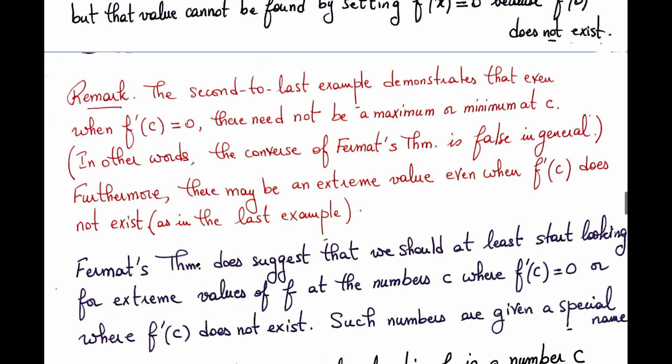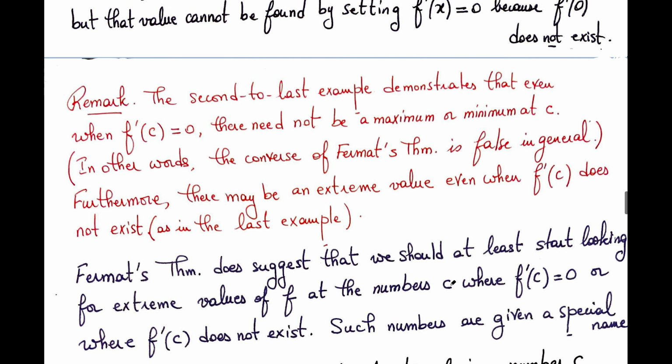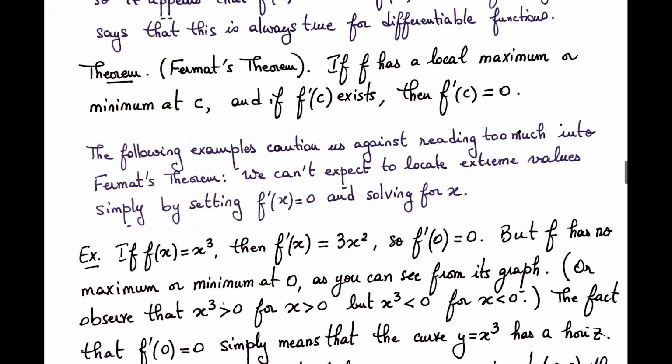So what Fermat's theorem suggests, however, is that we should at least start looking for extreme values of f at the number c where either this holds or this fails, right? Because if you know that the function has a local extremum, then f being differentiable at c forces f prime of c being 0. So if this happens, then this follows, right?